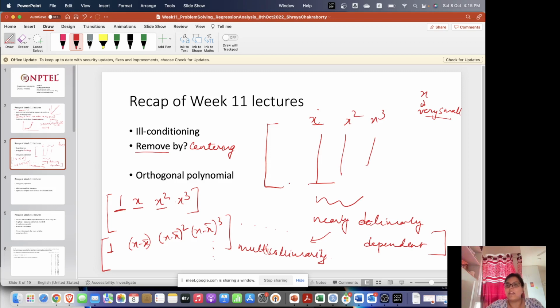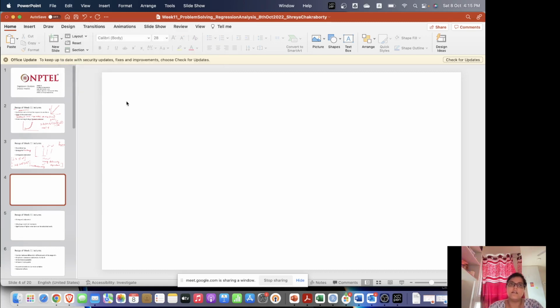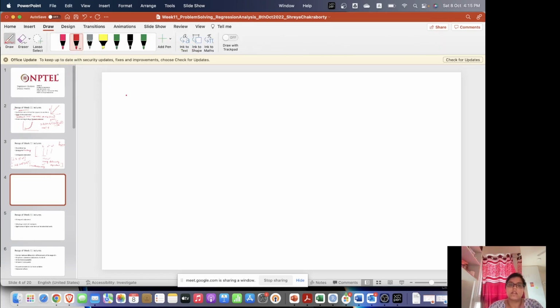Now, while we are adding on terms one after the other, if we go by the natural procedure, we face the problem of recomputing again and again. So this was also discussed. Let me say it once again. Suppose in the first step we have beta naught plus beta 1 x.